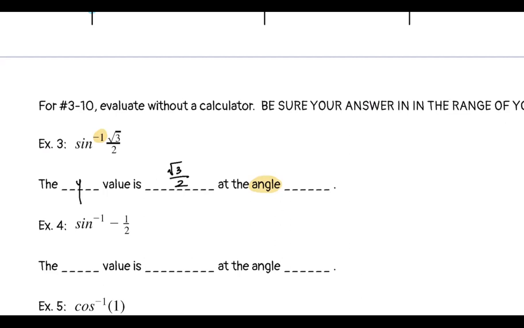Pi over 3. I agree. Pi over 3 is one of them. And yep, I think the other one is going to be 2 pi over 3.